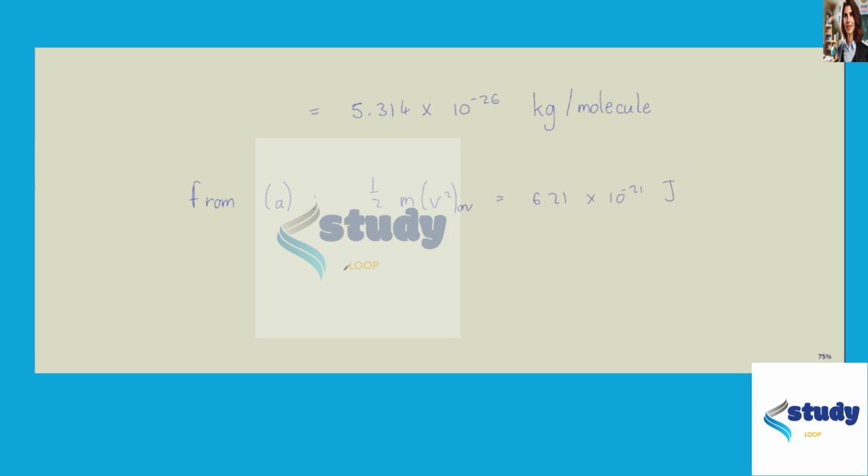So from here we can find, as the question asks, the square of the speed, so v squared. We can solve for v squared to be, if we rearrange this equation, 2 times 6.21 times 10 to the minus 21 joules over m. And we've just calculated the mass.